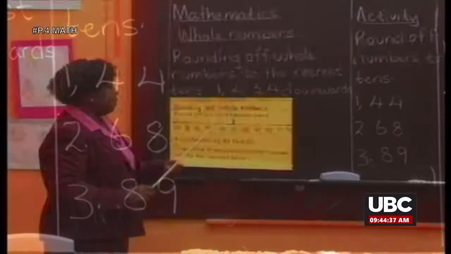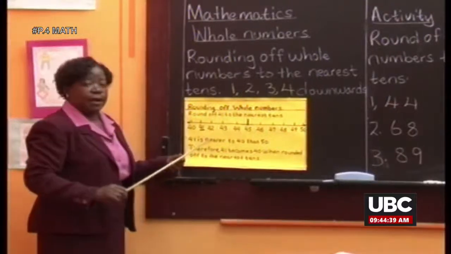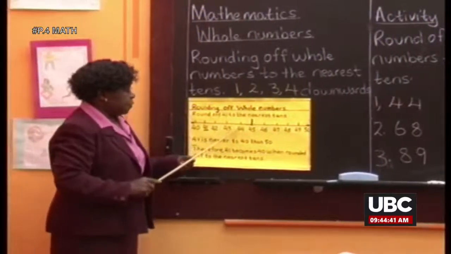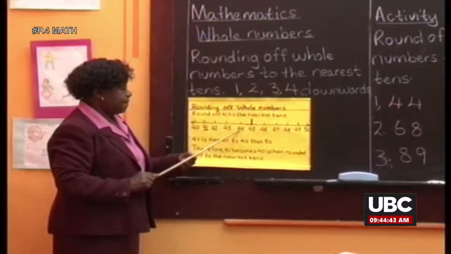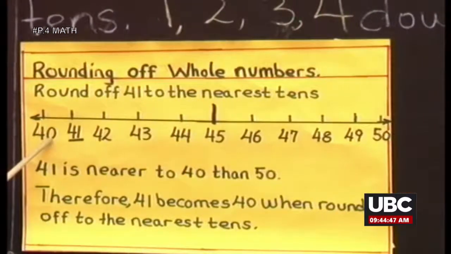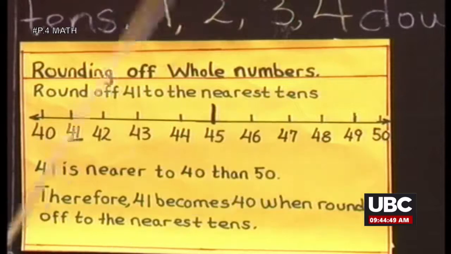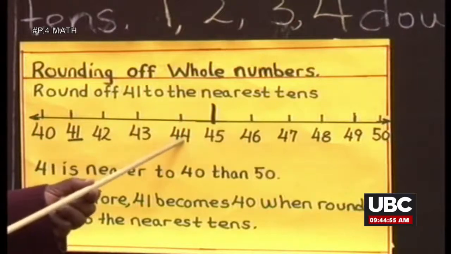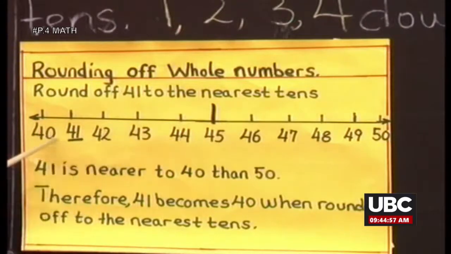Let's go back to our number line. When you look at our number line, 44 is here. And our tens we are talking about are 40 and 50. We ask ourselves, is 44 nearer to 40 or to 50?